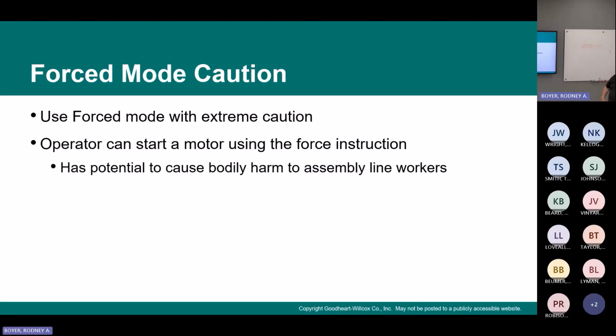Force mode caution. Forces in your PLC means you are forcing an input or an output into a known state. You have to be really, really, really careful and know exactly what you're doing if you're going to force inputs and outputs.